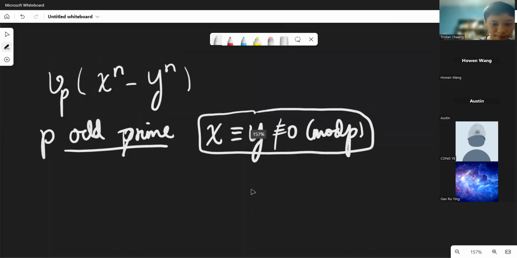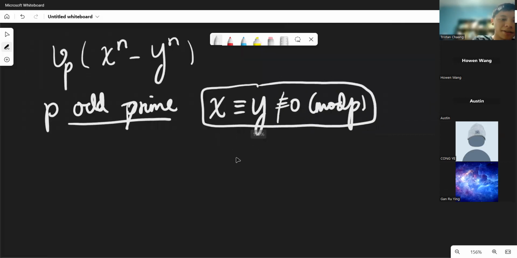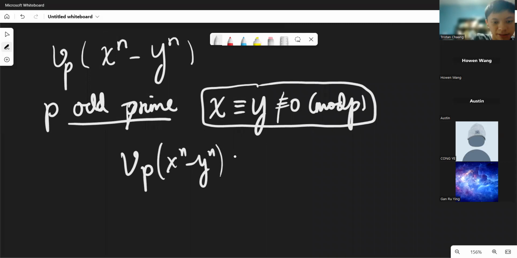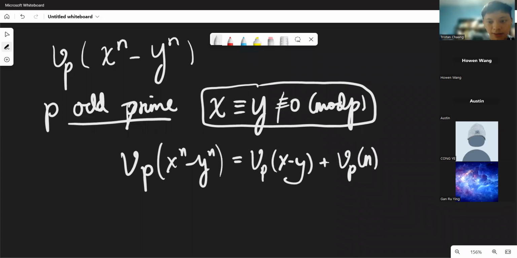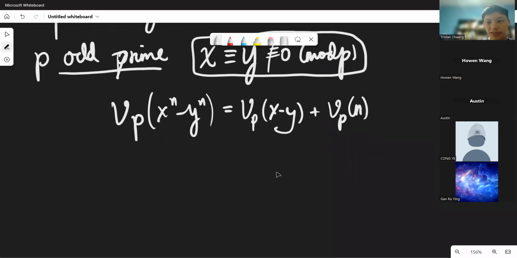But yeah, if x and y are the same mod p and they are not multiples of p, the theorem is that this term is just vp of x minus y plus vp of n. So very interesting. You just take the exponent and you just chunk it down and take the vp. Okay, and we're going to try to prove this.